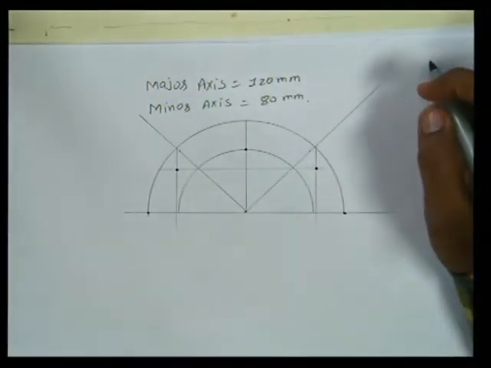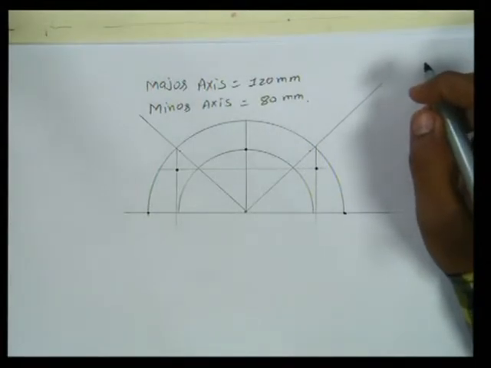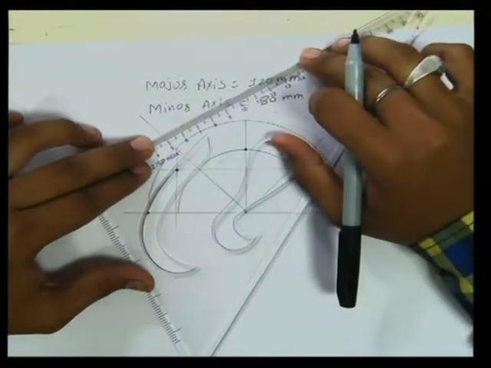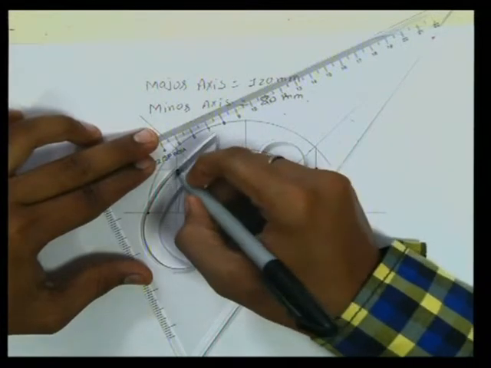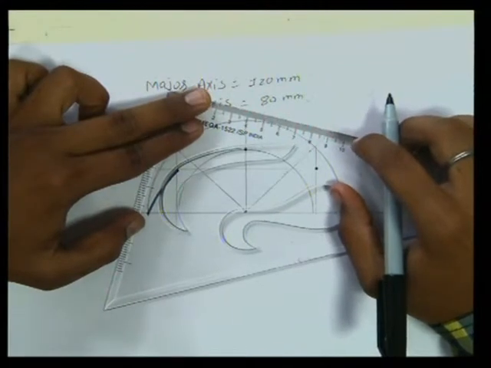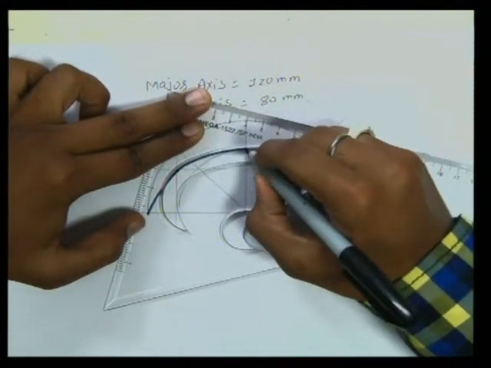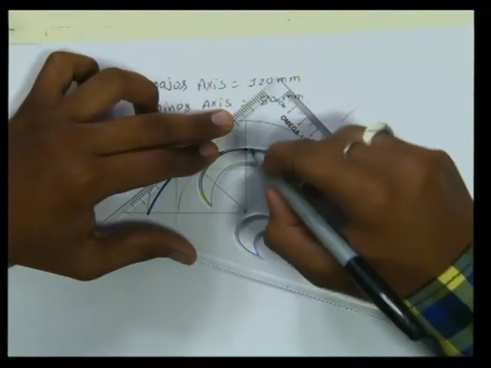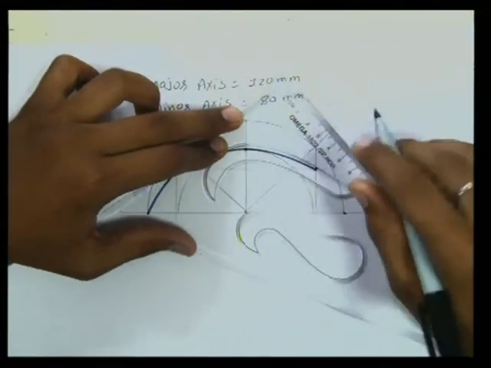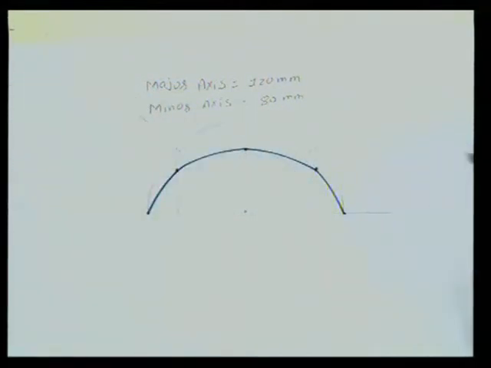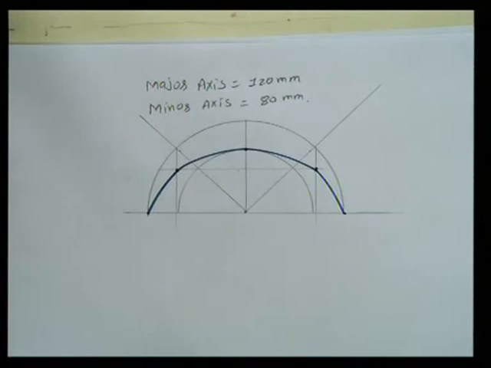We have got 5 points. We will now join them with a very smooth curve. So the half ellipse has been done using the concentric circle method.